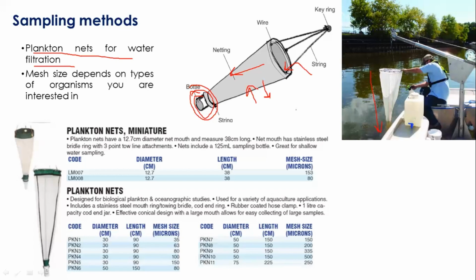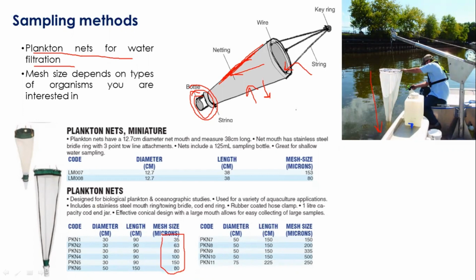If you want to study plankton of lesser than 35 micron in size, you will use the corresponding mesh size, which is available in different sizes. Just for your understanding, I have put here a picture which shows the different mesh sizes available for the plankton net.